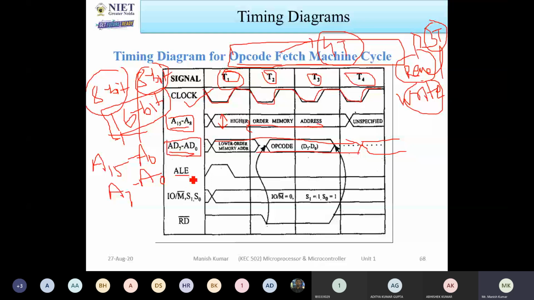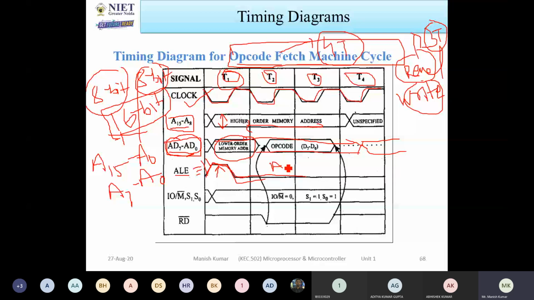So if you are setting ALE equal to 1, it means that this bus having some data, that data behaves as an address. Okay, so this will happen in the first clock cycle. For the rest, we put ALE equal to 0, which means AD7 to AD0 behaves as data.